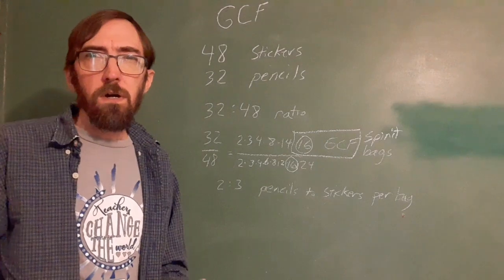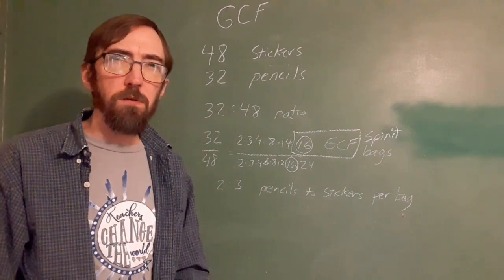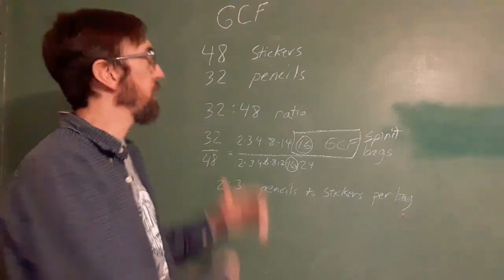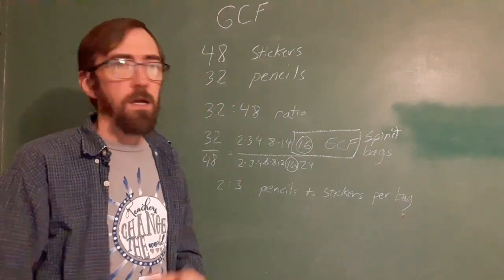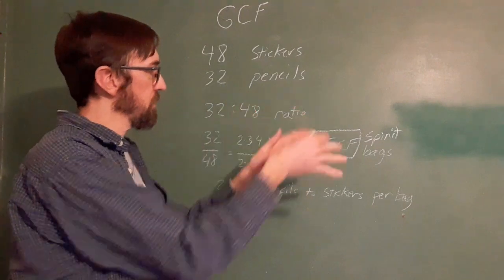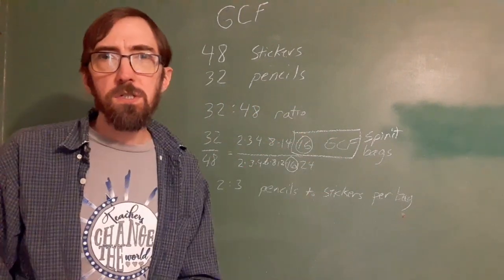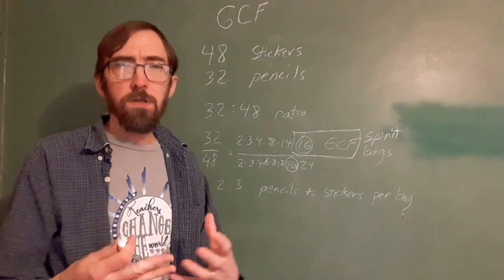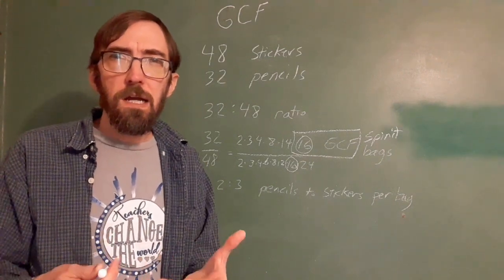So this shows a very real-world type of problem that students may encounter in a school fundraiser. We have this set of materials. We want to have a fundraiser, sell these bags.